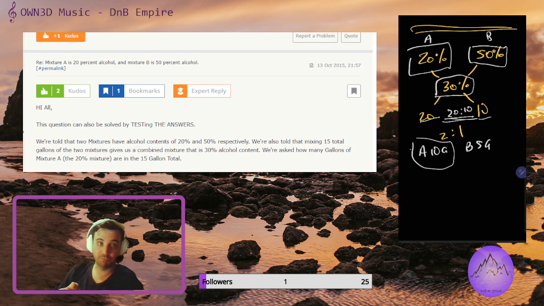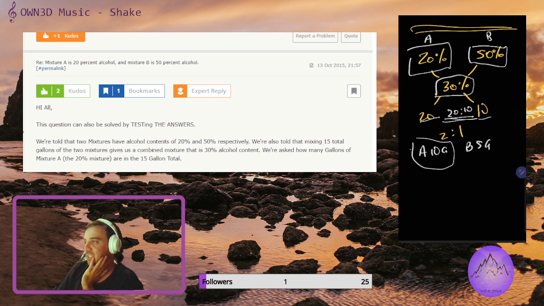And actually that would make sense to be one of the first things to notice, to say, okay, if the result is 30%, then it has to be more of 20. That would be a good observation to make. So there must be more of 20 than there is of 50.